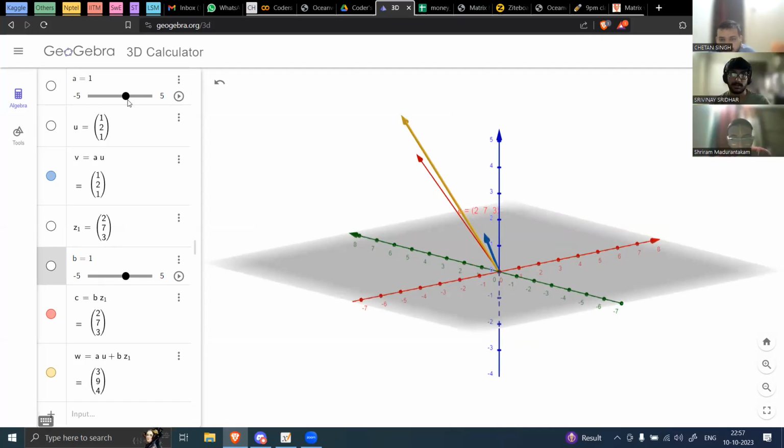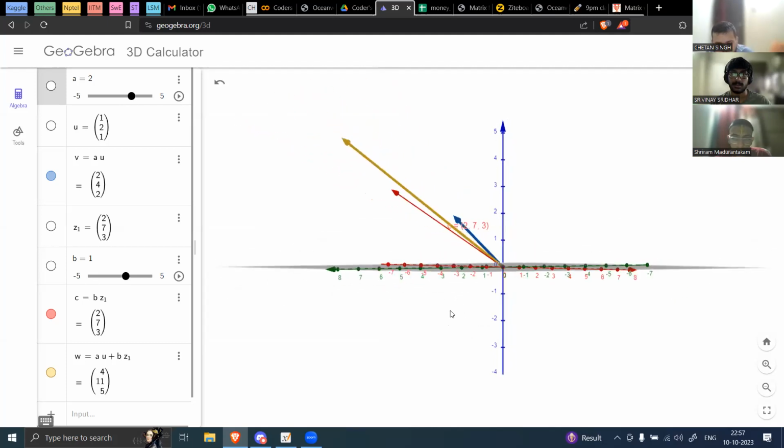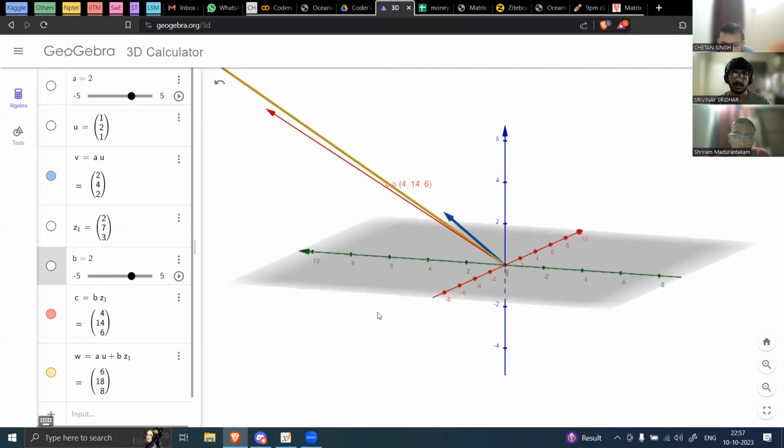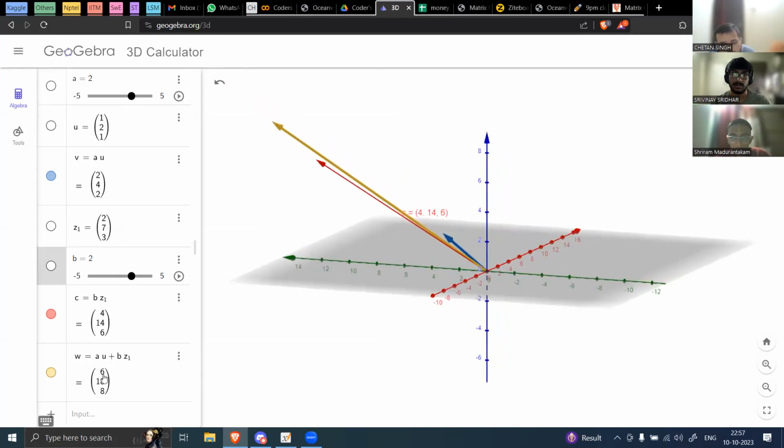Okay, so I'm going to add 2 times the first vector to 1 times the second vector. So I'm getting 4, 11, 5. And 2 times this vector. What was the previous point?